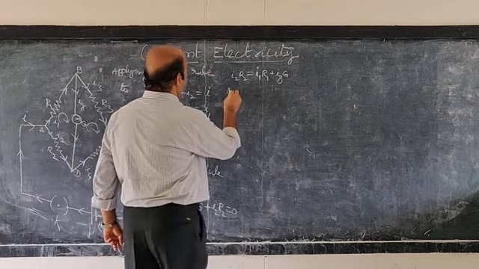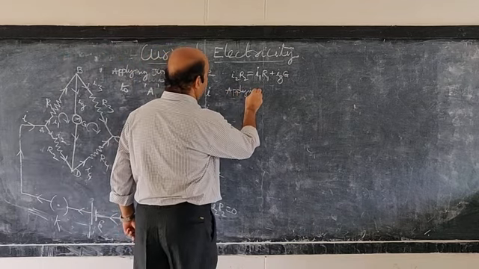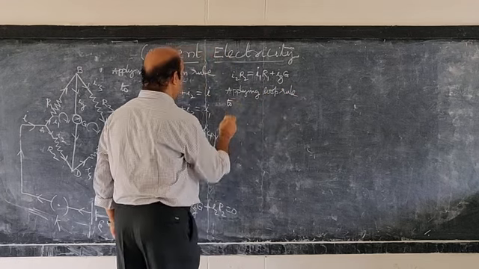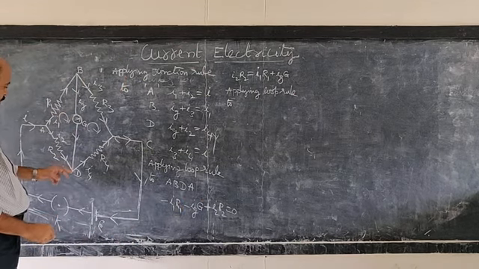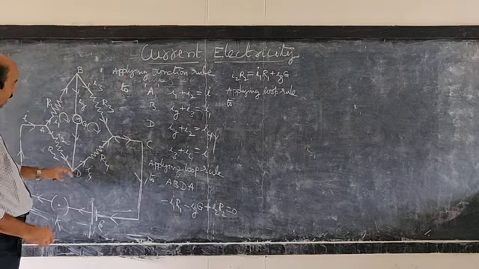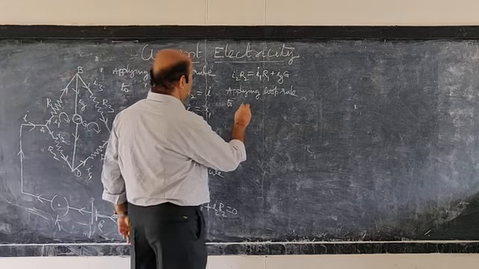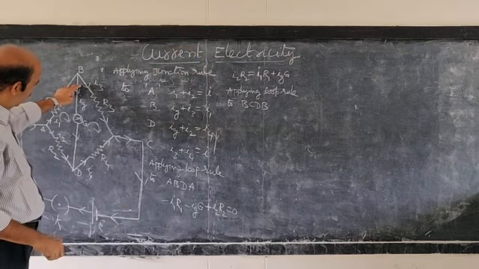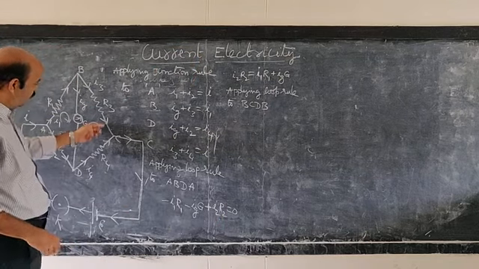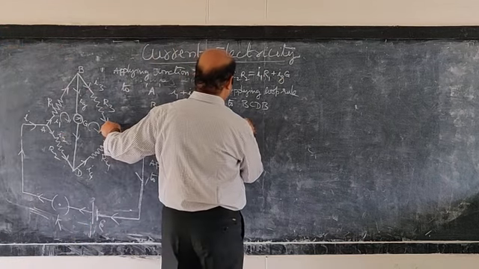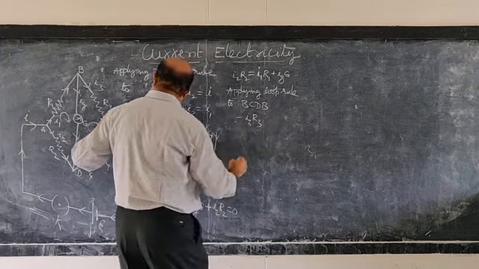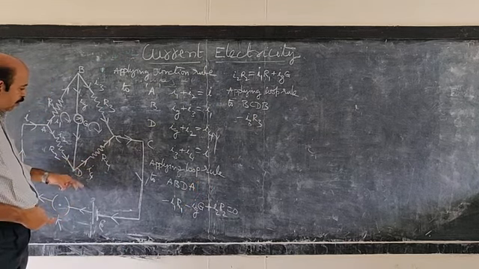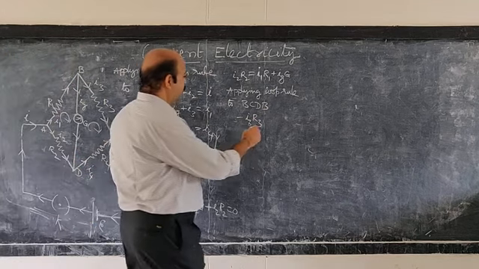Similarly, applying loop rule to the second loop, that is BCDB. So we will start like this: I3 R3. I am traversing the direction of the current, so minus I3 R3. Now I come like this, but opposite to the current direction shown, therefore it is plus I4 R4.